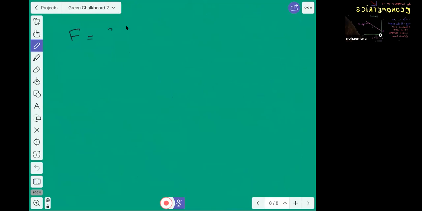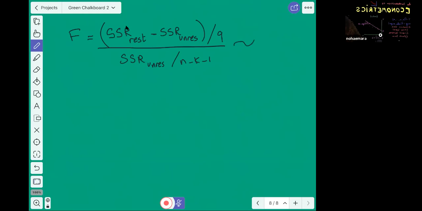It's equal to the sum of the squared residuals of the restricted model minus the sum of the squared residuals of the unrestricted model, divided by how many coefficients are to be restricted, Q, over the sum of the squared residuals of the unrestricted model divided by its degrees of freedom, so it's actually your main model, n minus k minus 1.